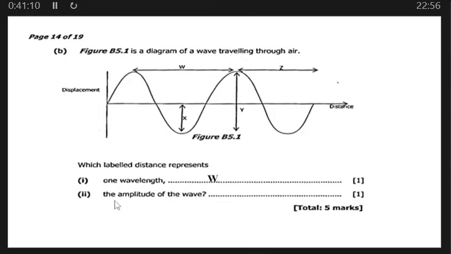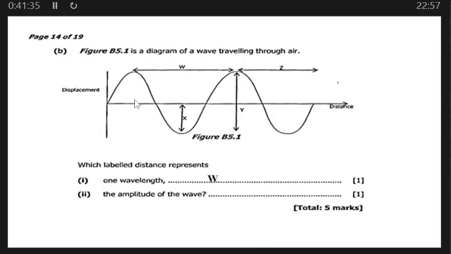Then the same question: which labeled distance represents the amplitude of the wave? The amplitude of the wave is the maximum distance of the wave from the equilibrium. So this line represents the equilibrium, to either the highest point, which is the crest, or the lowest point, which is the trough.